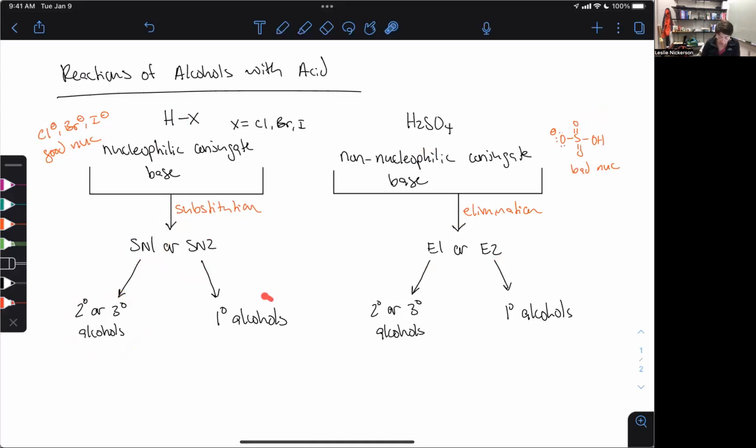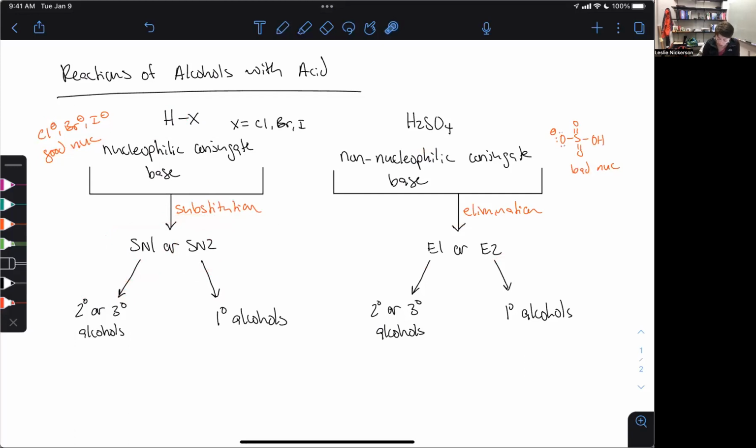However, if you've got a primary alcohol, because now you're looking at a very poor carbocation, it's going to go faster just to go through an SN2 type mechanism. And keep in mind that all of the same nitty-gritty rules we've gone through, thinking about carbocation rearrangements, inversion of stereochemistry, racemization of stereochemistry, are all still present when we're looking at alcohols and acids.